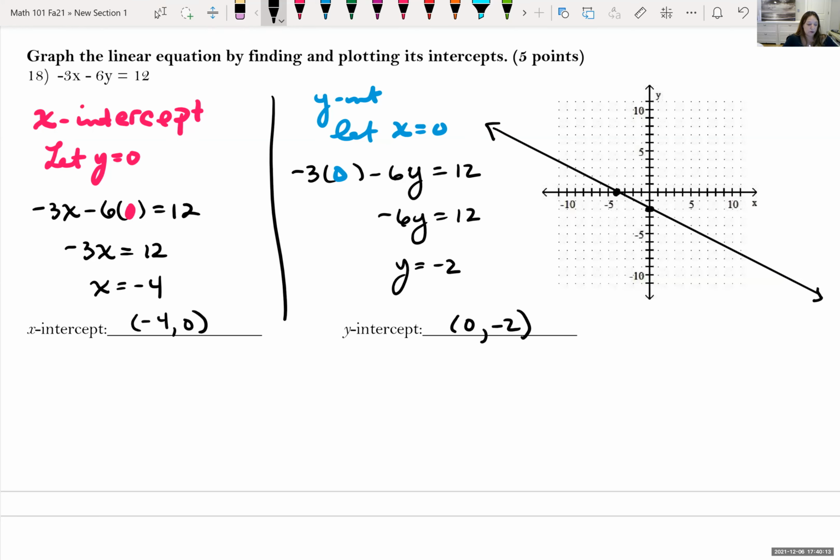So we had seen different ways to graph: by just plotting points, by finding our intercepts, which are points, and by putting the equation in the form y equals mx plus b, so knowing the slope and the y-intercept and graphing from there. So we're going to stop for the day.